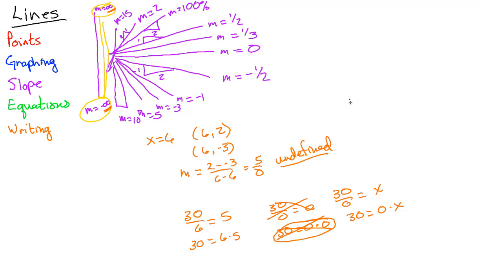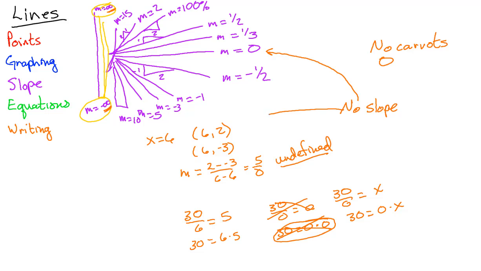Some of you have heard the phrase no slope. I would encourage you to avoid this. The reason is, when I say I have no carrots, what does that mean? Well, that I have 0 carrots. So some people will interpret no slope to mean 0 slope, meaning there's no incline, there's no rise while you're running.